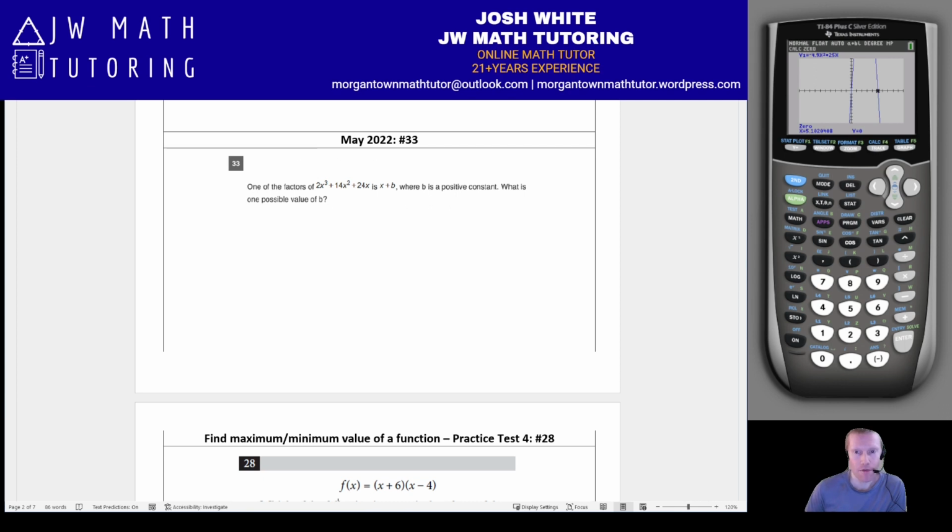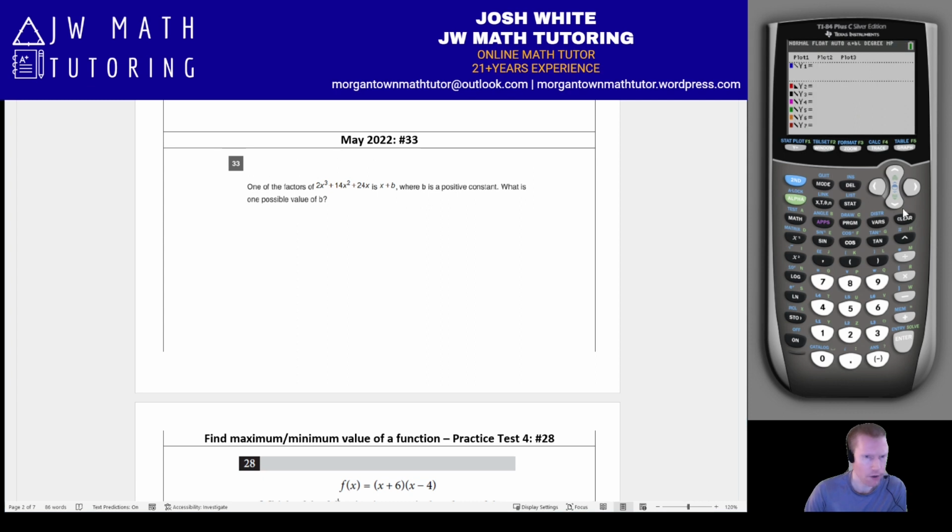Because if an expression is a factor of a larger expression, or basically, if we have some smaller expression which is a factor of something else, then that will give us a zero or a root of that larger expression, or of that larger equation.